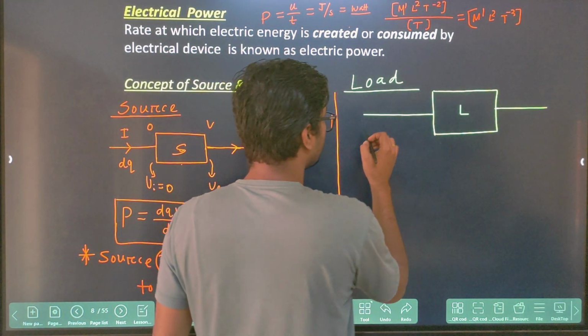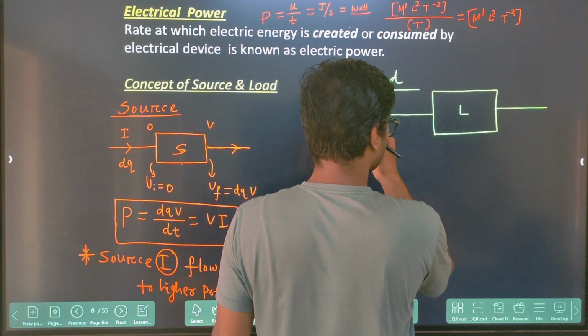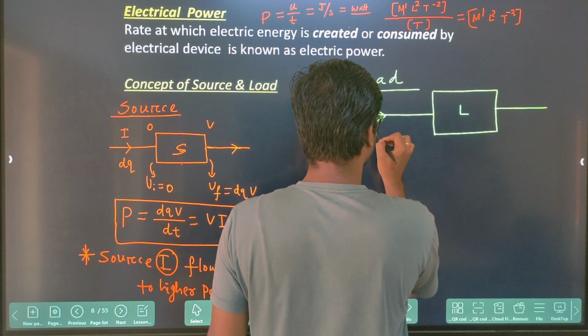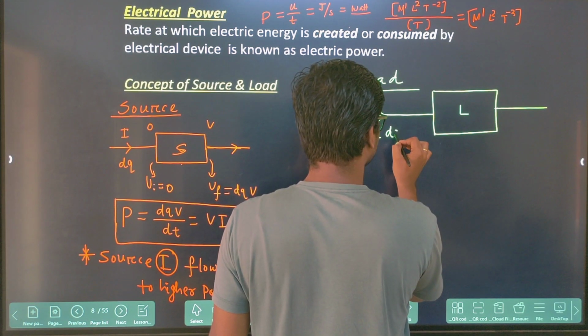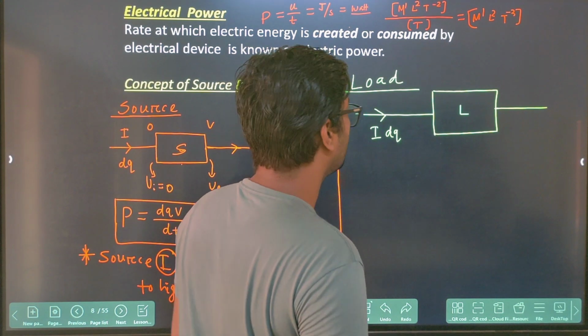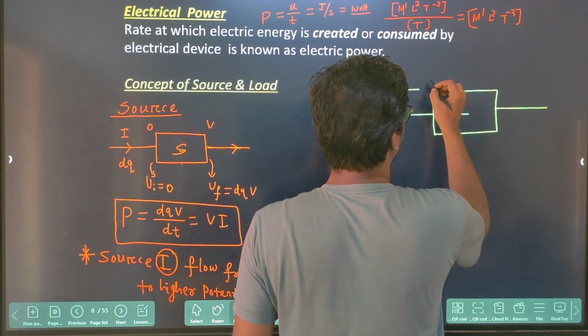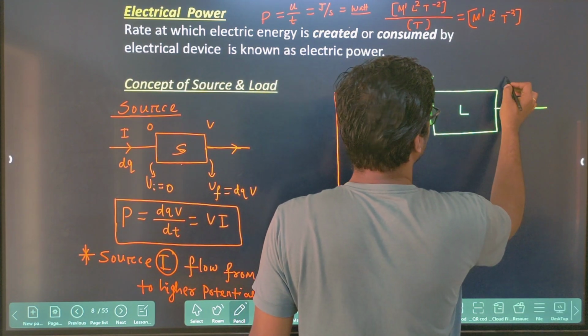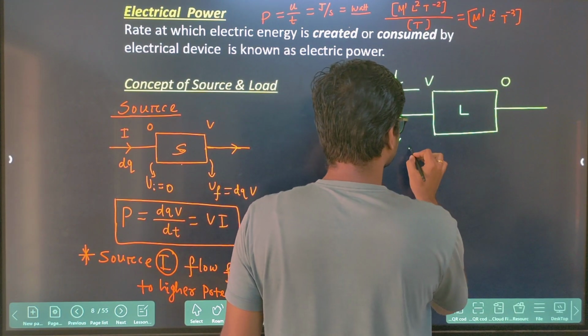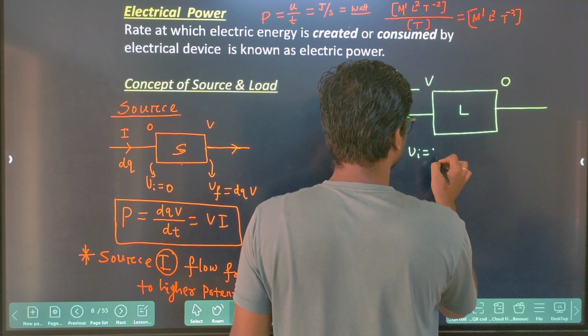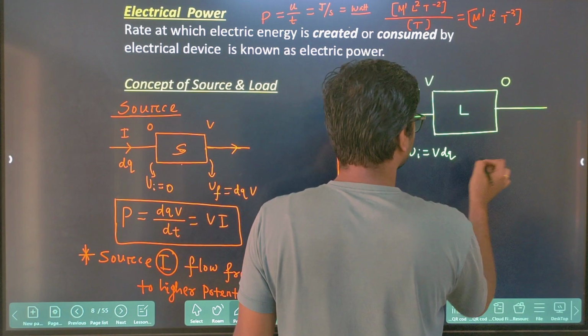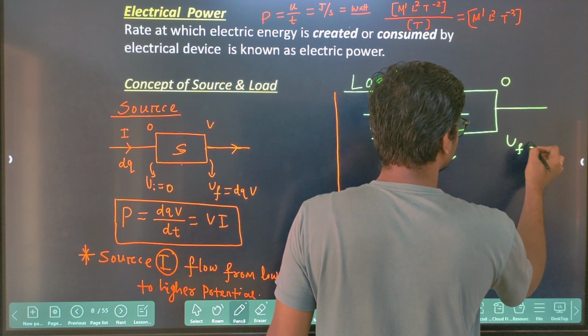So if the current is flowing along this direction and the dq charge is flowing along this direction, and this side will be your higher potential and this side will be your lower potential, then the initial energy will be V into dq. Final energy will be 0.